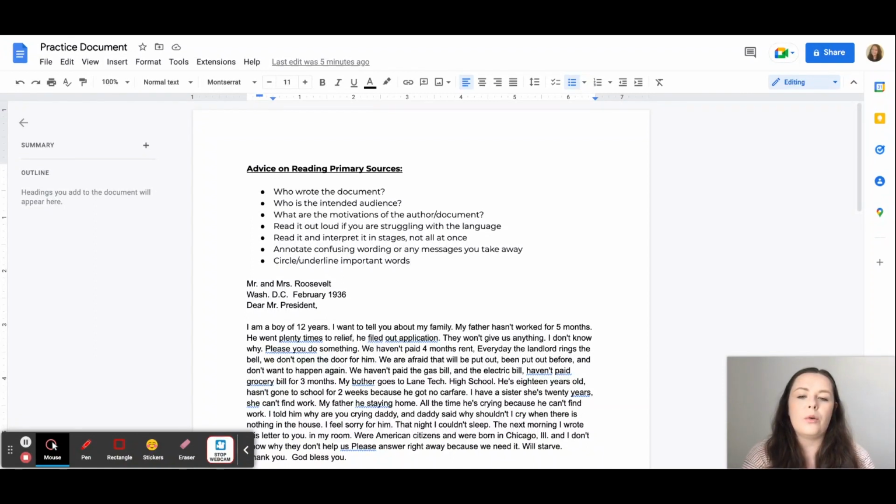Especially, the older the document is and the less you know about the context, the harder it is to understand. So we're working with documents that are pretty much going to be written in English that you're familiar with in terms of the time when it was written. But it helps a lot to interpret if you know a lot about the historical context.